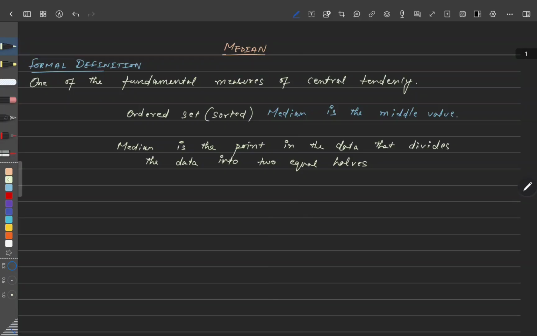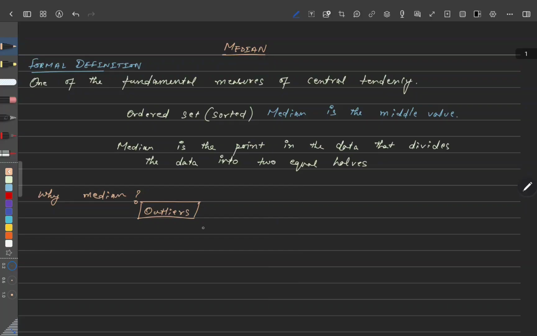So why median when we have mean, right? The answer is outliers. This is why we need median in most cases. Since mean covers every data point in the sum, it tends to get affected by the outliers.